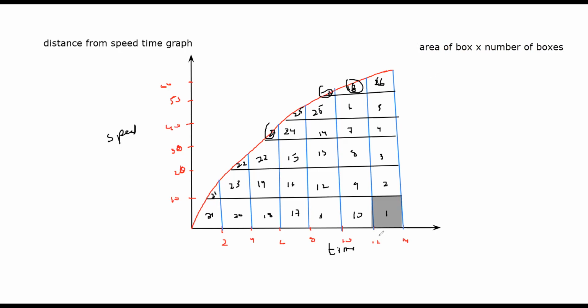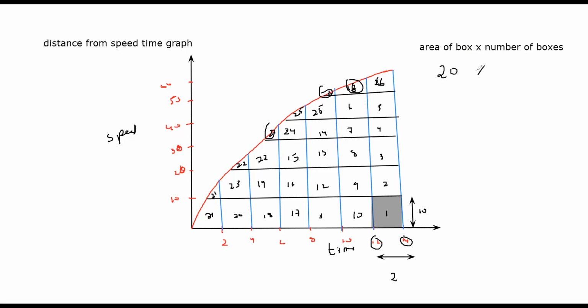The length is 2 because it started from 12 and ended at 14, so length is equal to 2. And what about the height? Height is equal to 10. So 2 multiplied by 10, the area of one box is equal to 20.